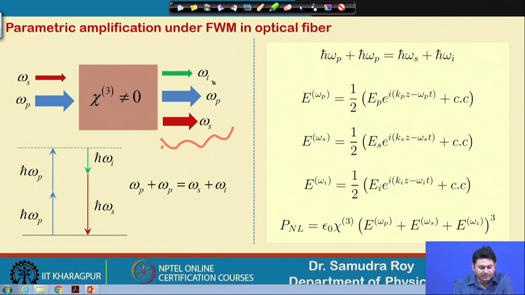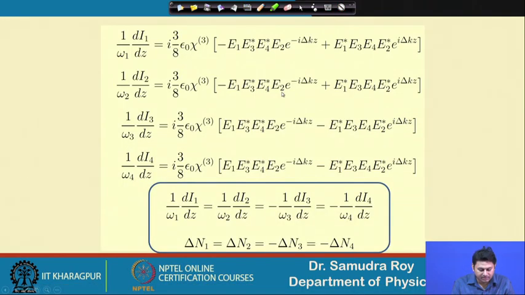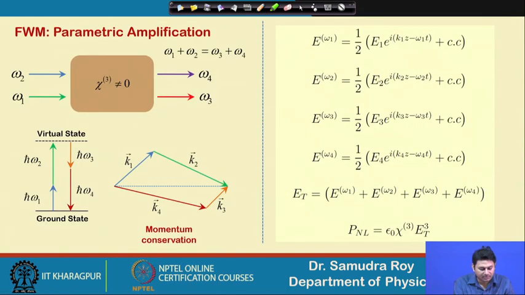Now, if I write the energy equation, the previous case was a non-degenerate kind of amplification. In the previous slide, we were combining frequencies omega 1, omega 2 and generating omega 3, omega 4.